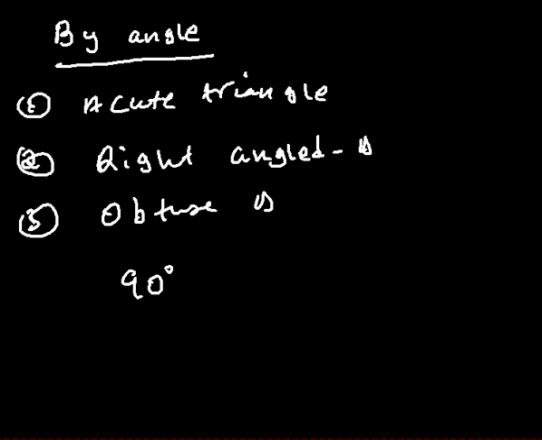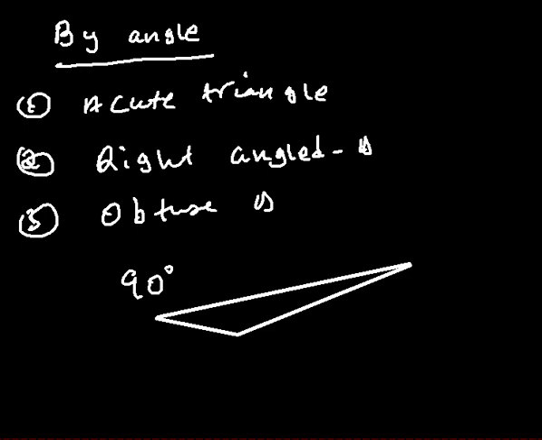It is the triangle in which one of its internal angles is above 90 degrees. That is what we call an obtuse triangle, and we can have it like this, or like this. That is what we call an obtuse triangle.